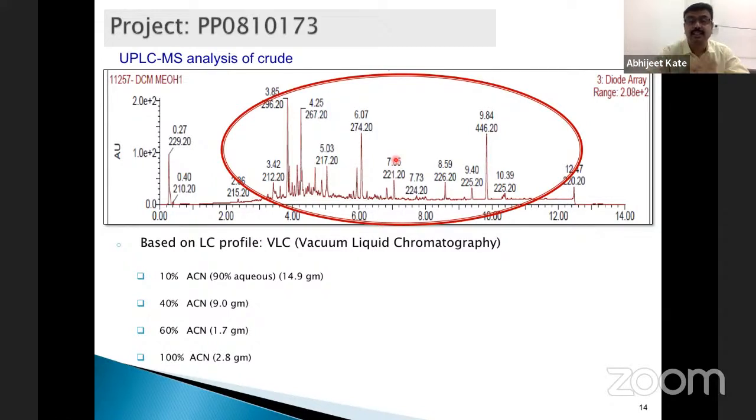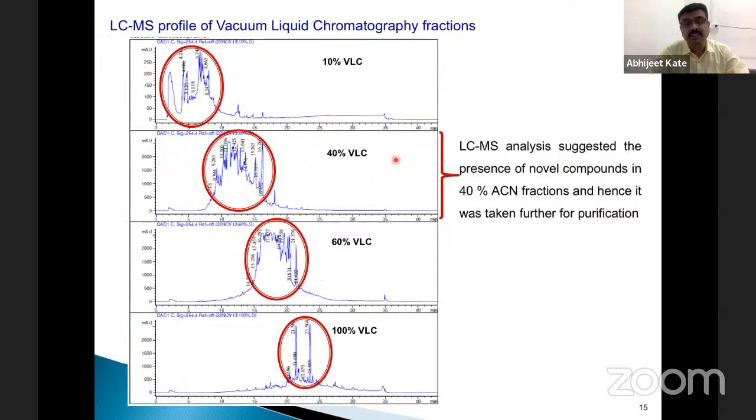After de-replication, we found some interesting masses and interesting compounds in this fraction, and so we went ahead with the isolation, and then we also performed some kind of enrichment strategy here, where we enriched the compound we were interested in, which was considered novel based on the de-replication strategy. And so we enriched them in a particular 40% enriched fraction, where we could get the maximum compound.